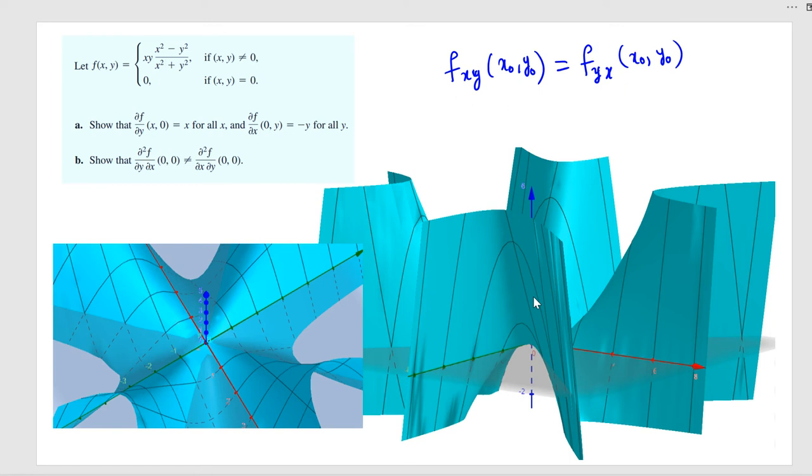Let me write them, the mixed partial derivatives. The question remains whether they are equal. In fact, in general, they are not equal. They will be equal when they satisfy the continuity property. In fact, if you check the limiting definition here, you will get these values.